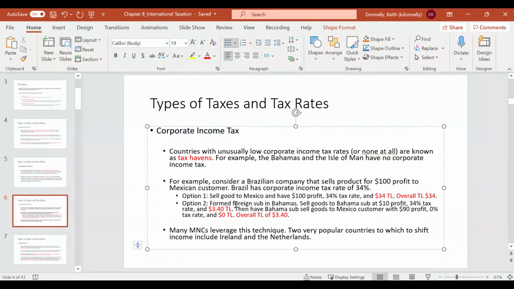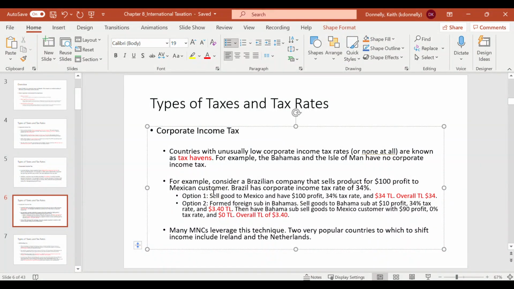So transaction one is from Brazil to the Bahamas with $10 profit, so $3.40 tax liability. And then the remaining $90 profit, we generate in the Bahamas. The Bahamas then sells to Mexico, where there's a 0% tax rate. So in this case, the overall tax liability is going to be $3.40.